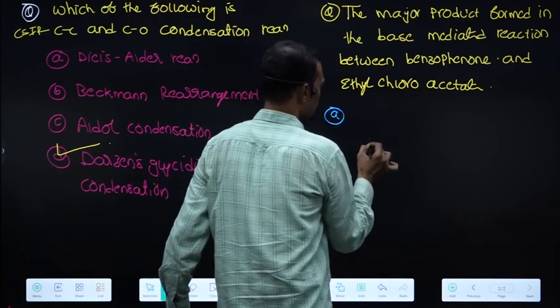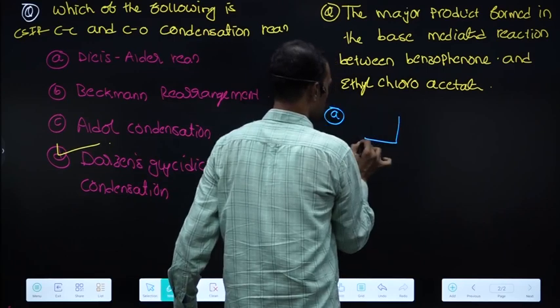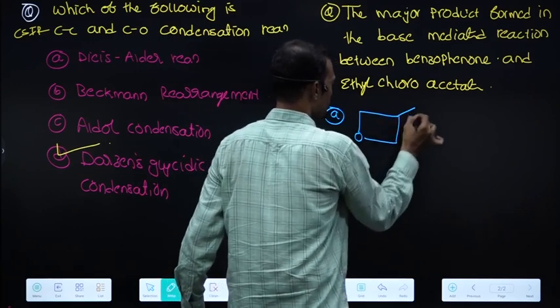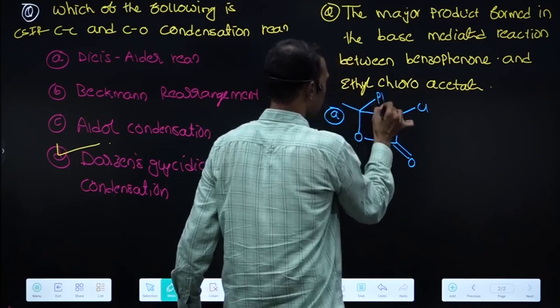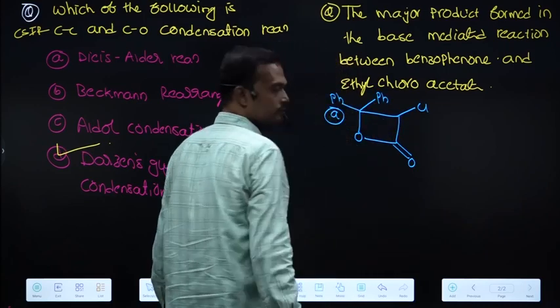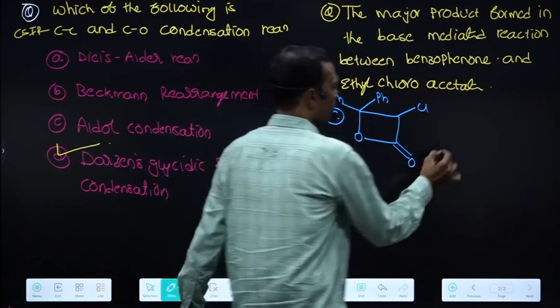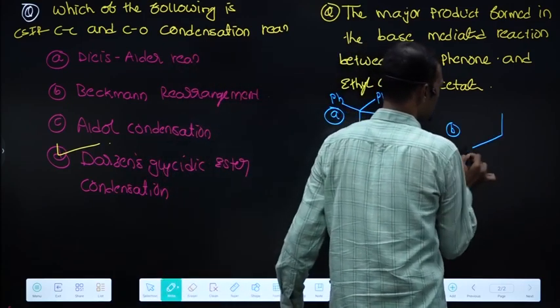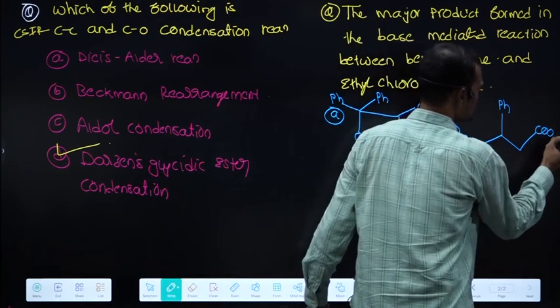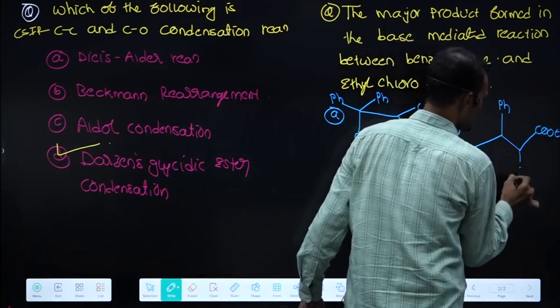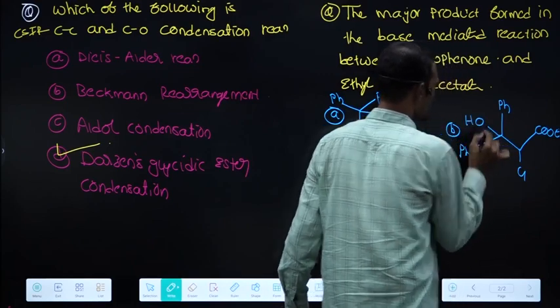Option A. This is oxygen, and here C double bond O, here chlorine. Now I am giving two phenyls, here phenyl and this is phenyl. This is option A. Now option B. This is Ph, COOEt, now this is chlorine and this is OH.